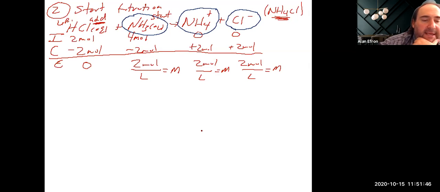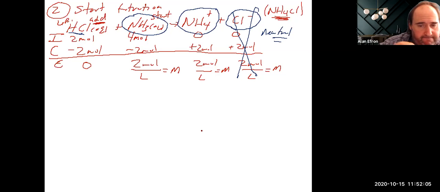Cl minus came from HCl. HCl is a strong acid, which means Cl minus will be relatively weak. As we know from experience, hopefully at this point, Cl minus is a neutral salt, so the presence of that Cl minus is really not going to affect anything.